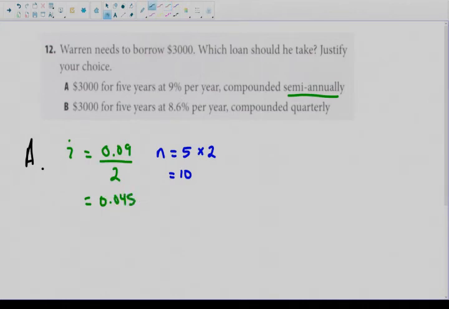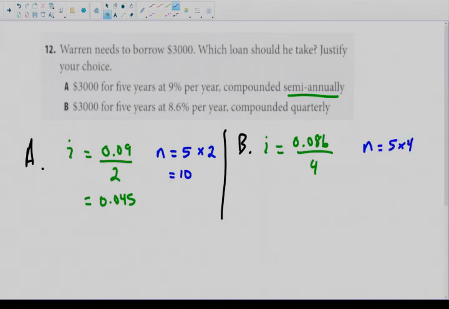And just to save us a little bit of time, I'm going to immediately do the same thing for B. I'm going to calculate the I and the N for B. So the I is 8.6%, so 0.086. Compounded quarterly. Quarterly means divided by 4. For the N value, it's still 5 years quarterly. So that's 5 times 4.